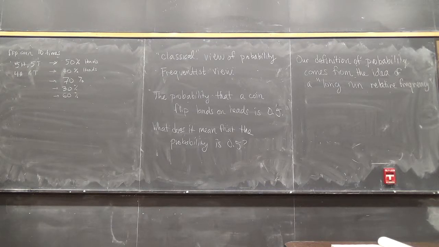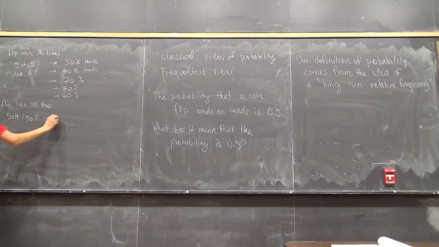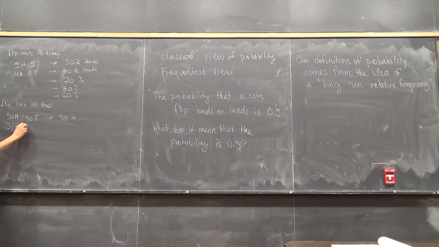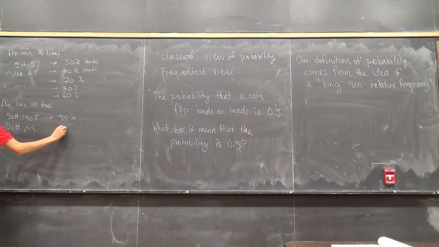All right, what if, instead of flipping the coin 10 times, I have you flip the coin 100 times? What kind of responses will I see here? Okay, so I might see 50 heads, 50 tails, which corresponds to 50% heads. What else might I see? 51 heads, 49 tails, so that would be 51% heads.